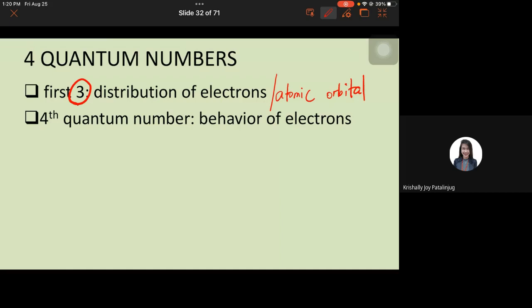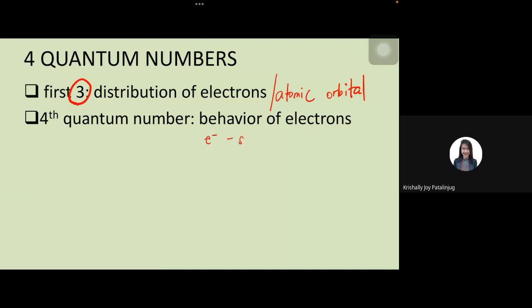So the first three that I will introduce later on focus more on the atomic orbital, whereas the fourth quantum number specifically describes the electron spin, the behavior of the electron. All right. So again, the first three describe the arrangement of the electron or the atomic orbital. The fourth quantum number is about the electron spin.